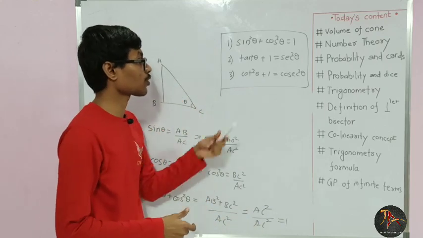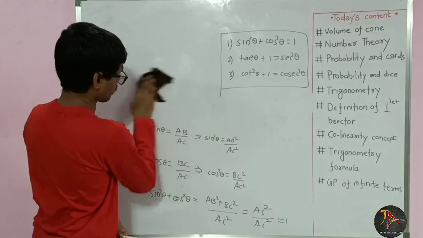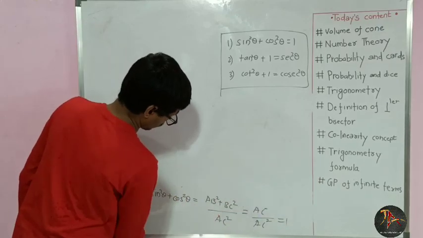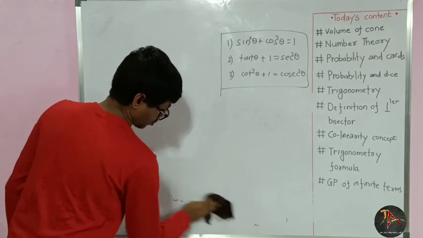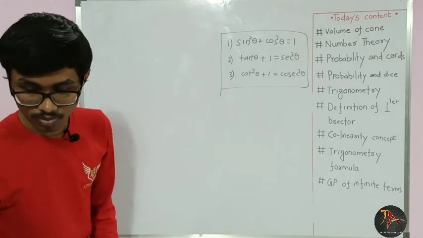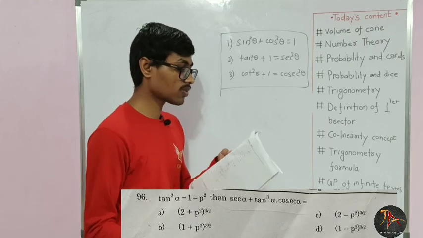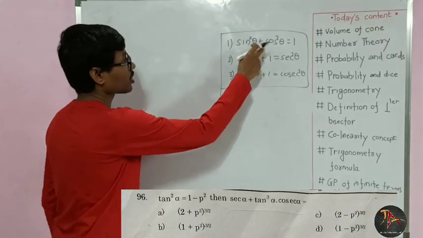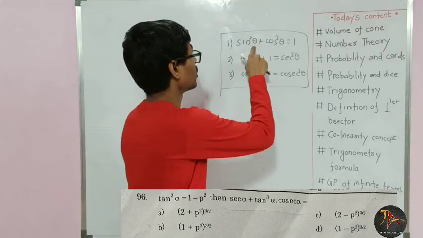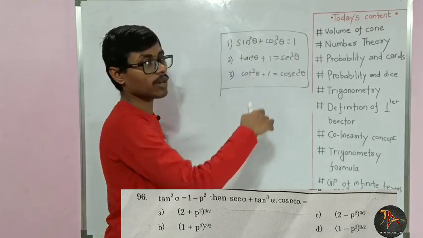Now the next question is from this formula itself. They have given that tan square theta is equal to tan square alpha. If this formula is valid for theta, it is applicable for all angles.